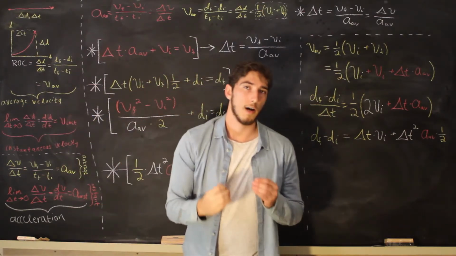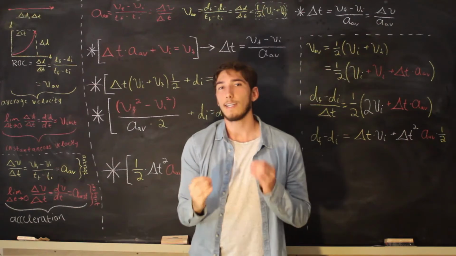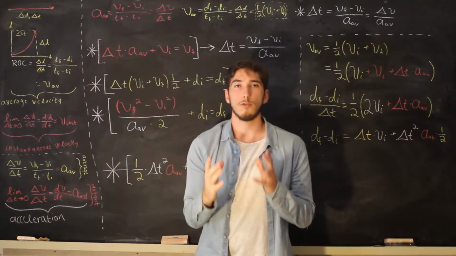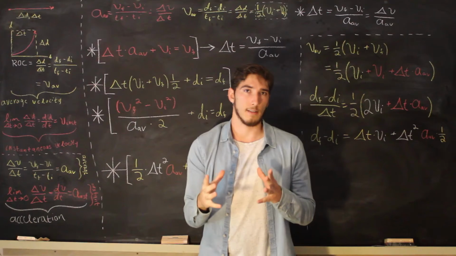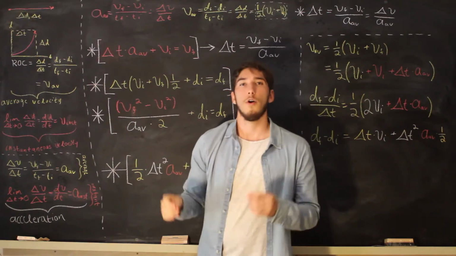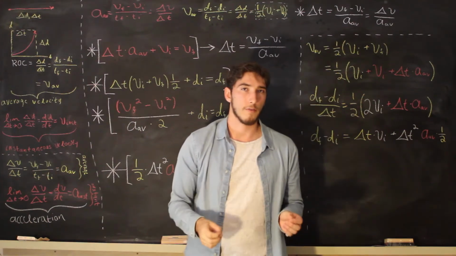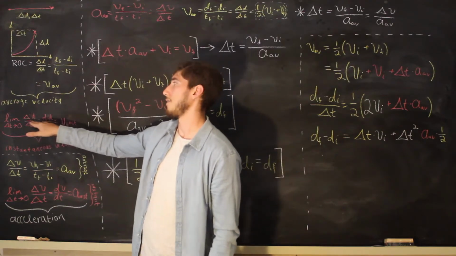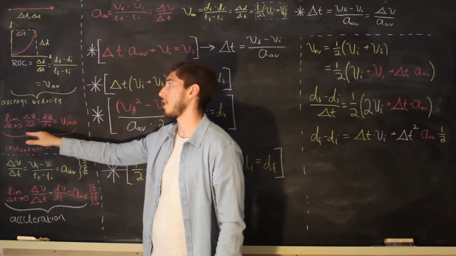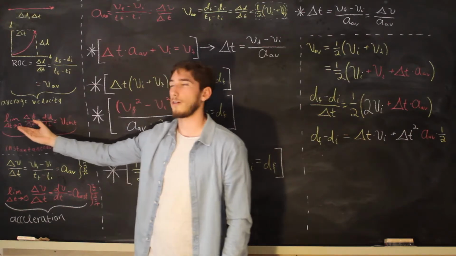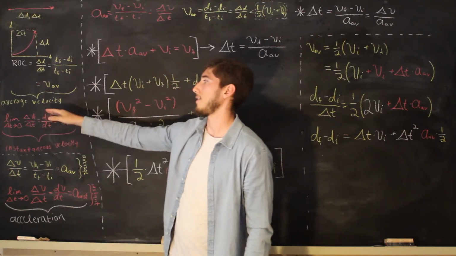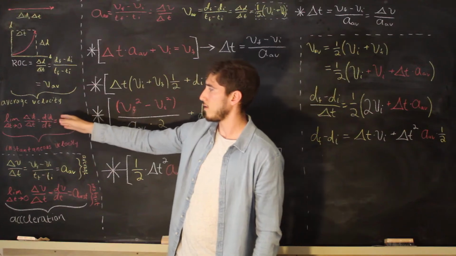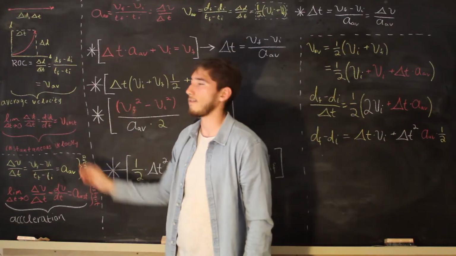If we wanted to find the velocity at any given time at a single point, or the instantaneous velocity, then we'd have to take a derivative. The way that we find a derivative is by taking the limit of the change in distance over the change in time as the change in time goes to 0, which is noted by dd over dt, which is equal to the instantaneous velocity.